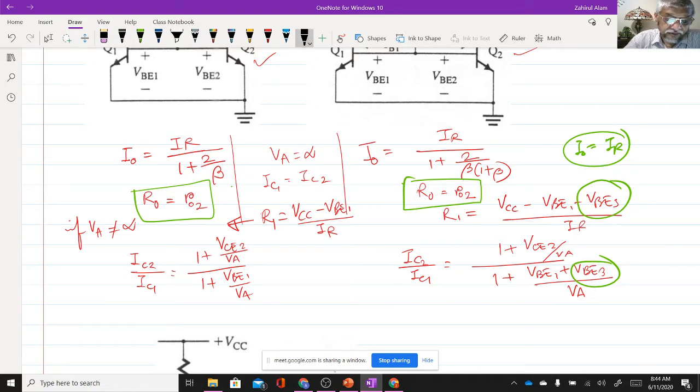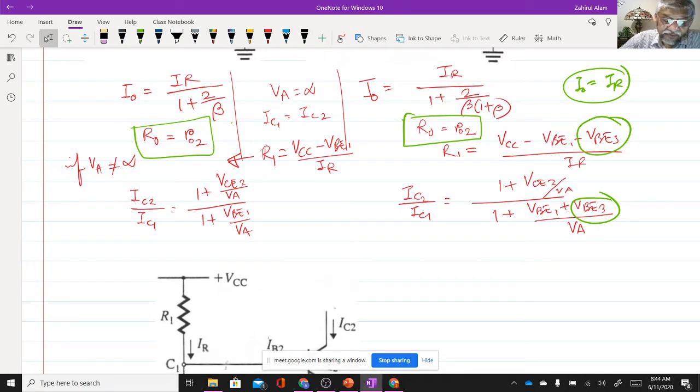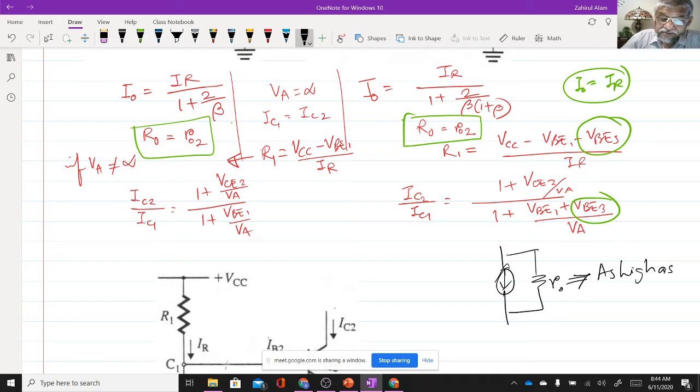Therefore we need to design a current source which has high output resistance, as high as possible. For the ideal case, this is infinity.